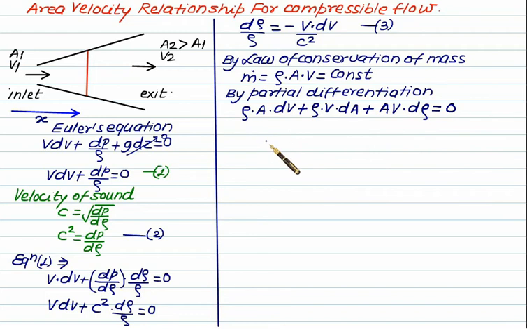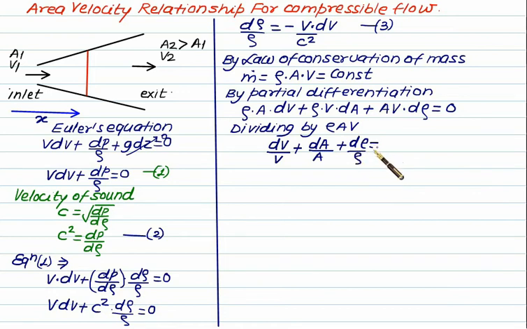Now we'll divide this entire equation by rho A V, that is the mass flow rate. The first term will be dV by V, the second term will be dA by A, and the third term will be d rho by rho, and is equal to 0. Let's say equation number 4.